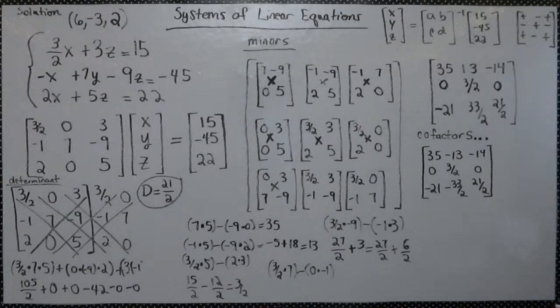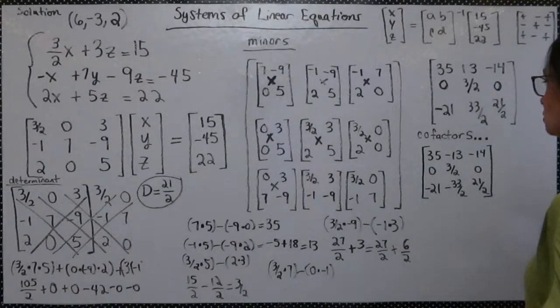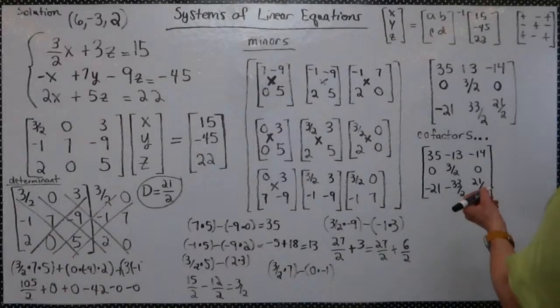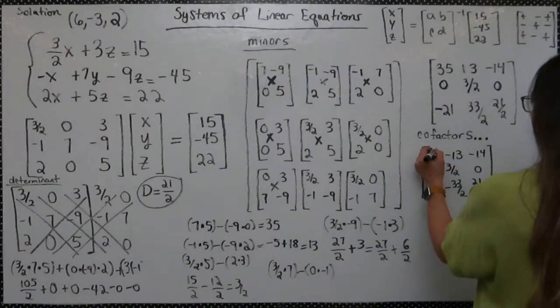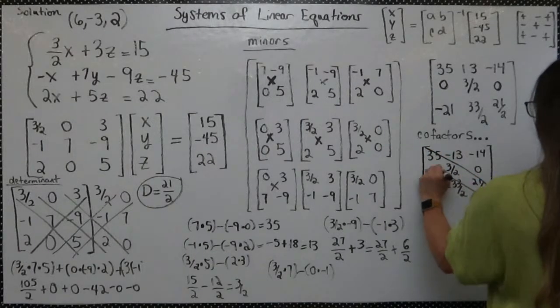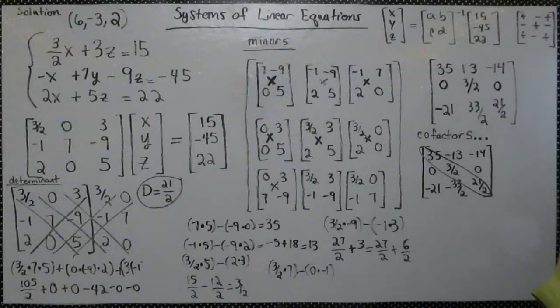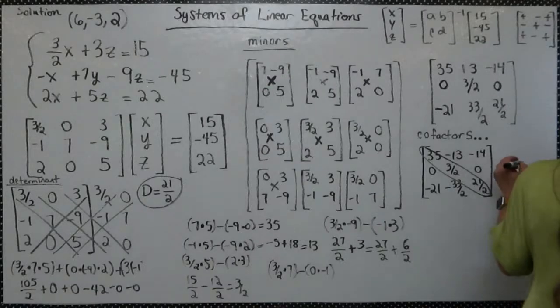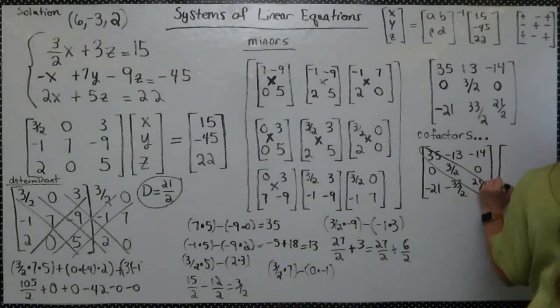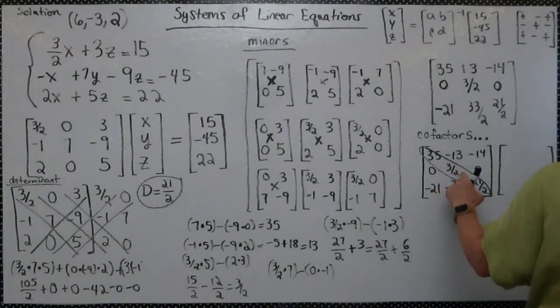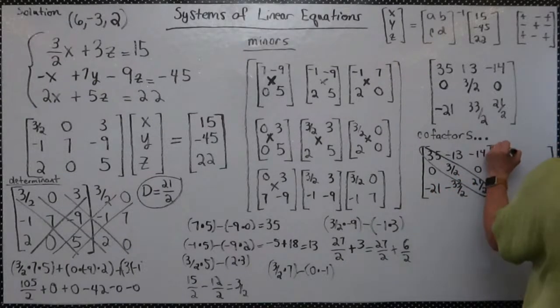All right, so we have this now. And what we have to do now is transpose down the diagonal. So we've got to make one more adjustment to this matrix. These numbers are going to stay the same, so we'll just write it right next to it here. So we've got 35, 3 halves, and 21 halves.